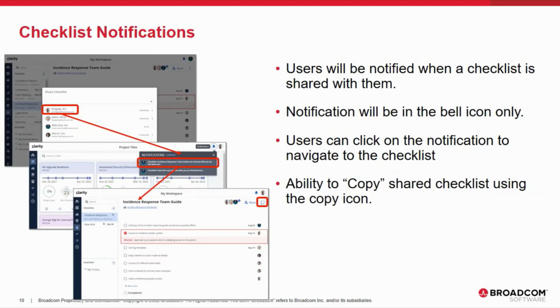The user can click on the bell icon, review the notification, and then also click on that specific notification to navigate to that specific checklist. Once they navigate to it, they'll have the ability to copy that specific checklist if they want to do so, or they can just collaborate on that existing checklist by updating its information.